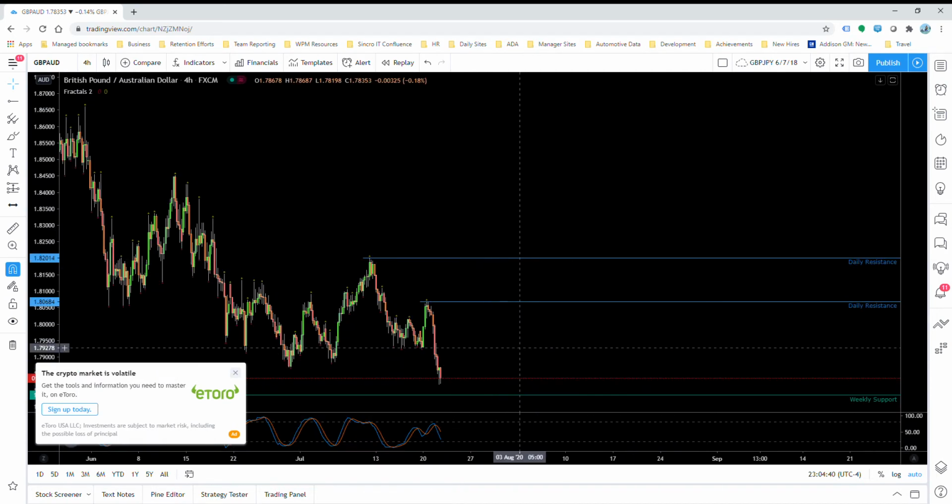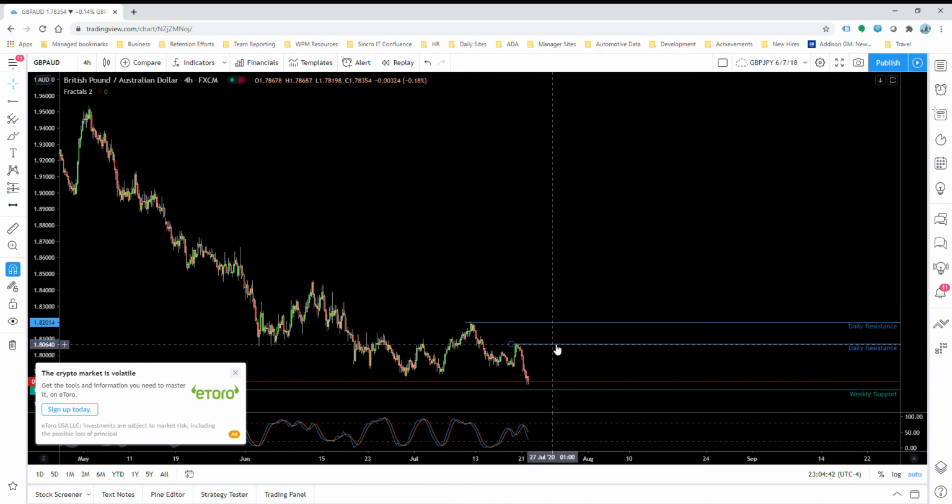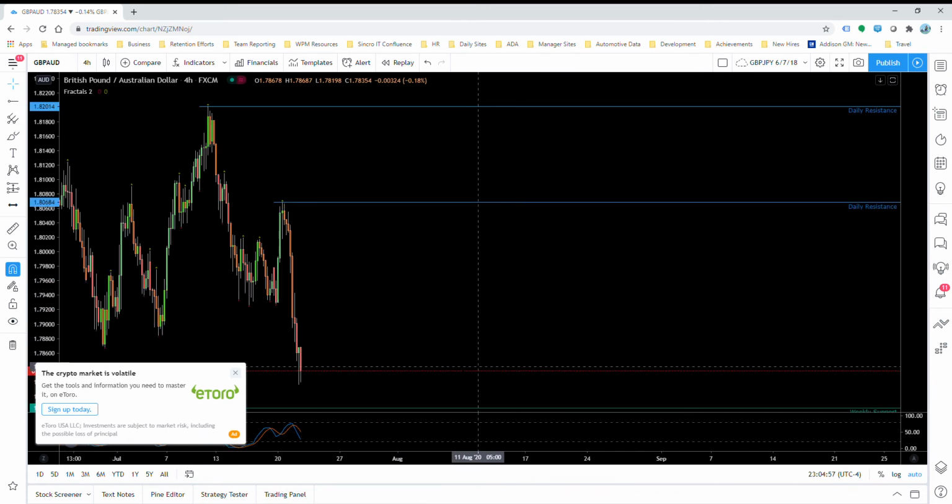Alright, we'll drop down to the 4 hour. You can see here this daily resistance that we marked is also our 4 hour resistance as well. And this weekly resistance, what we see here, we zoom in, right?